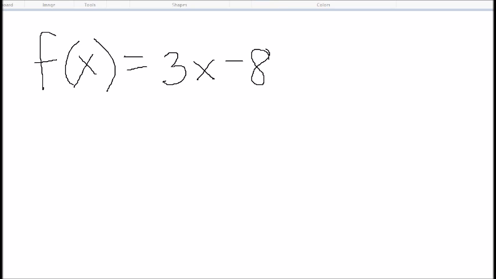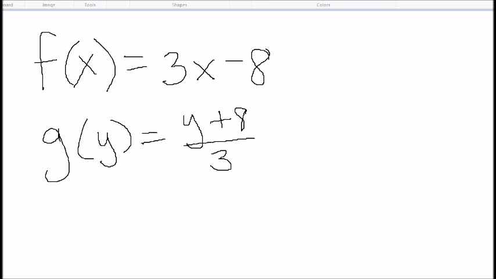So now let's consider function f of x, which is equal to 3x minus 8. And we're going to think through its inverse function. So let's think about the function g of y here, which is y plus 8 over 3.